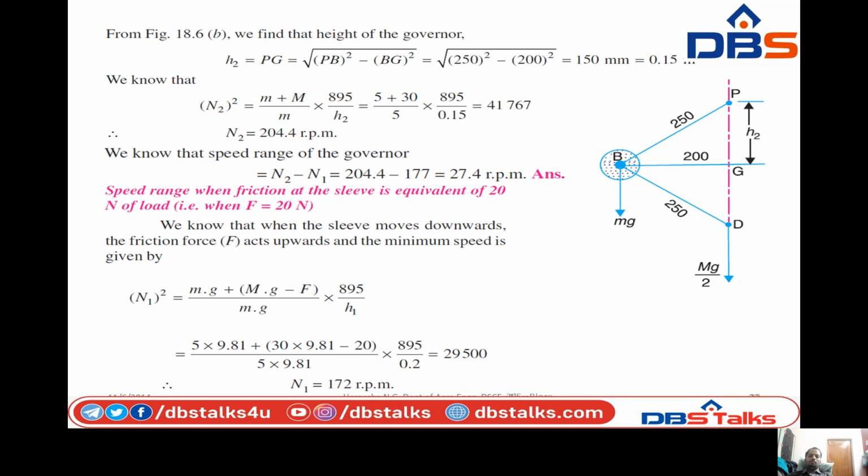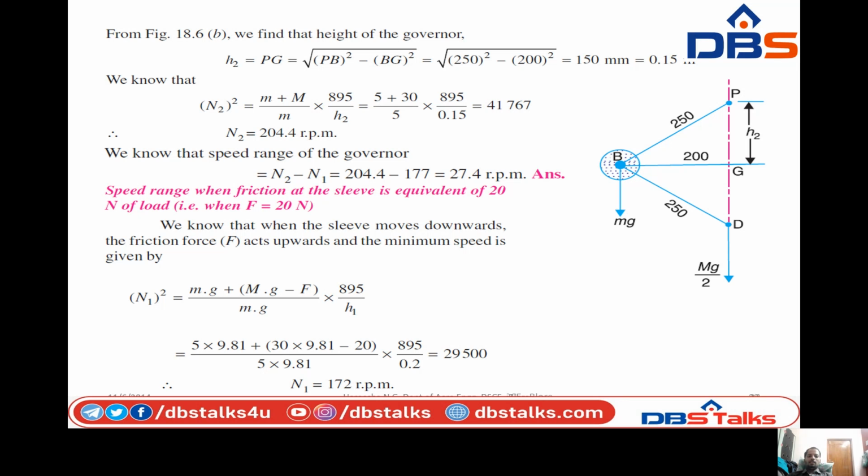So (m plus M minus F by g) by m, or otherwise (mg plus Mg minus F) by mg into 895 by h1 for the minimum speed. If it is the maximum speed, it means h2.